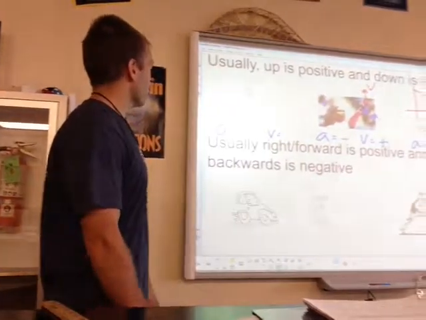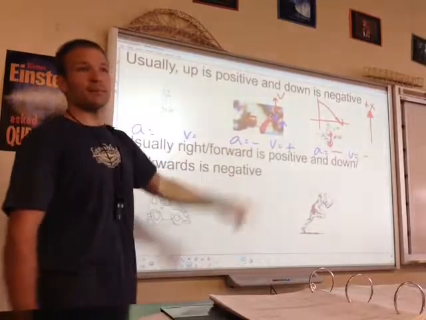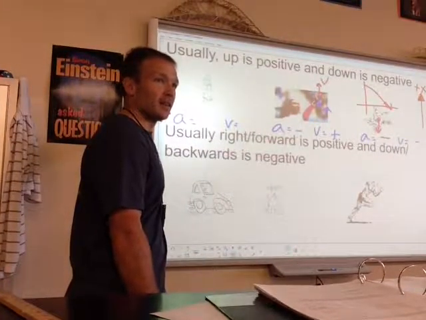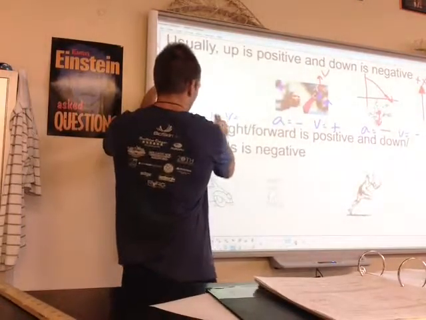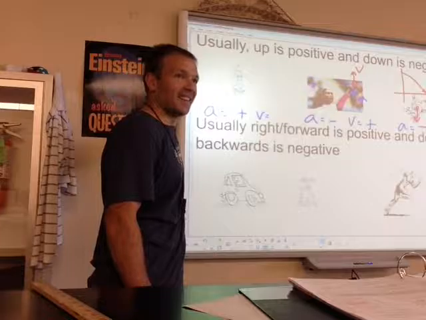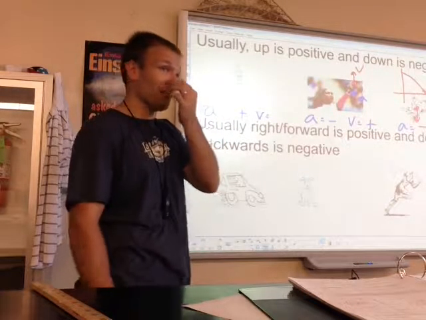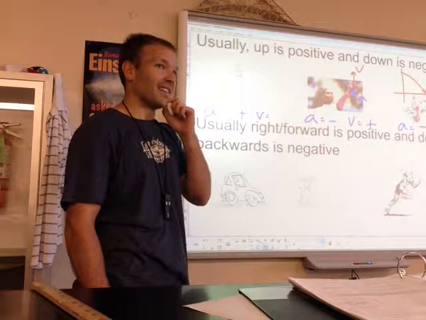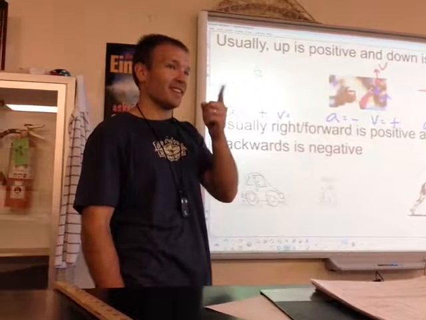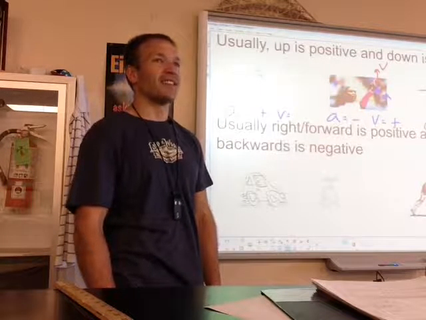The first shall be last. What do you say, Jessica, what's the acceleration of the rocket? Positive. You sound confident. It's going up, but isn't that the speed? I like it.